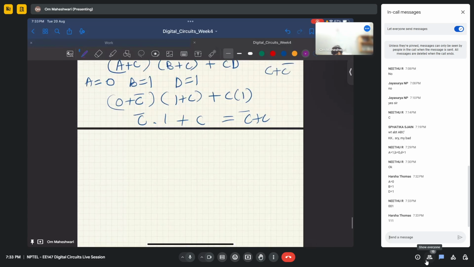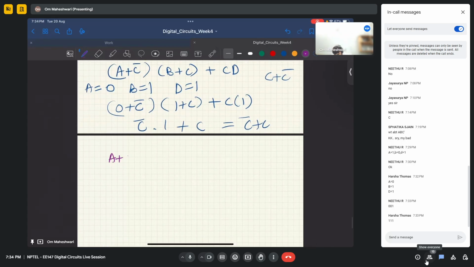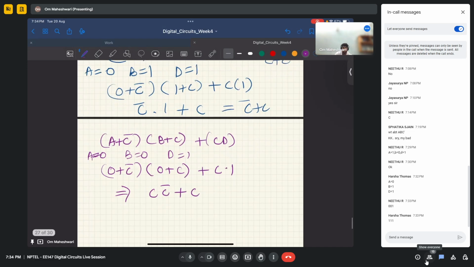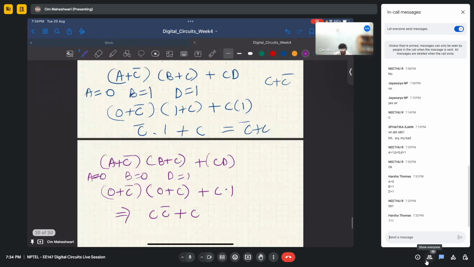We have A plus C bar, B plus C, CD, and 0, 0, and 1. A equals to 0, B equals to 0, D equals to 1: 0 plus C bar, 0 plus C plus C into 1. This is C bar plus C. Correct, right? So answer should be 0, 0, 1.